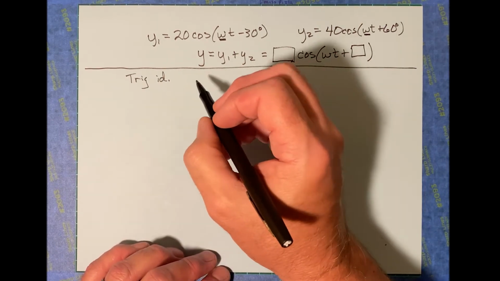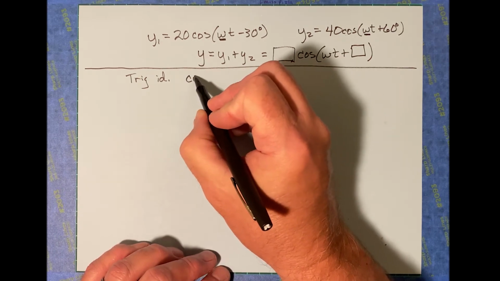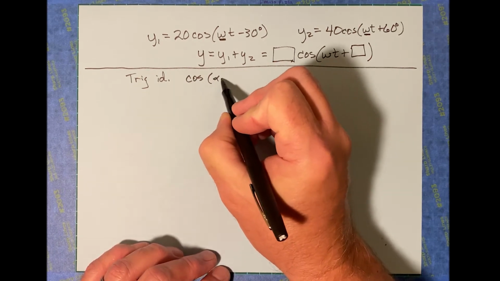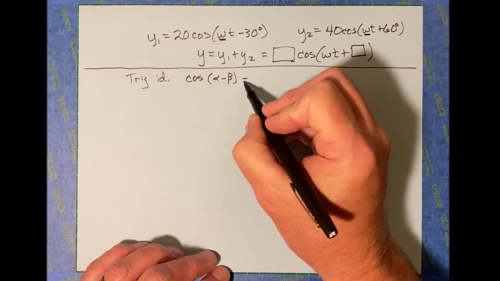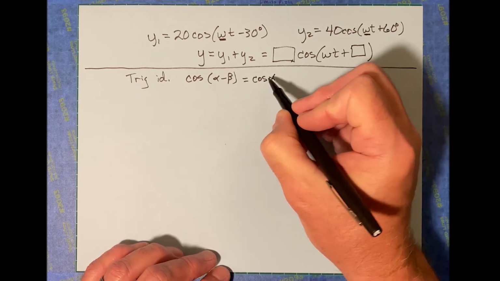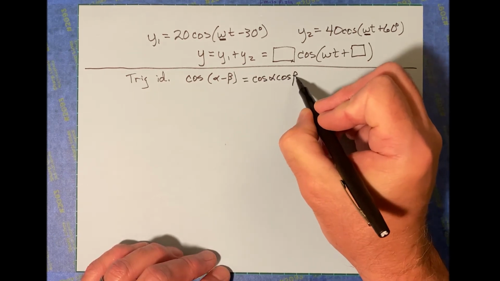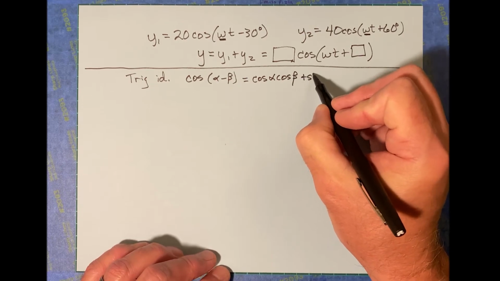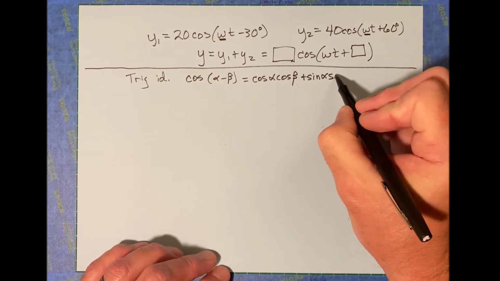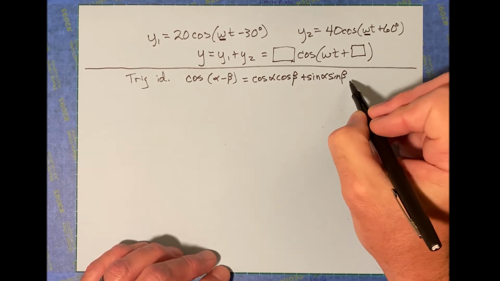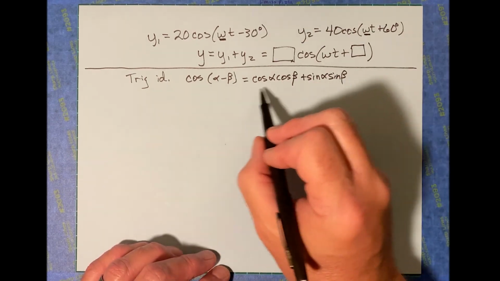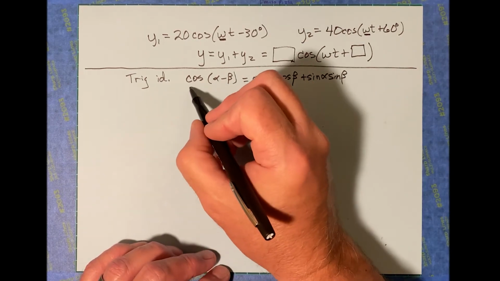Now, here are the two identities that we're going to take advantage of. Cosine of alpha minus beta is equal to cosine alpha cosine beta plus sine alpha sine beta. Okay, that's one trig identity. Here's the other trig identity.